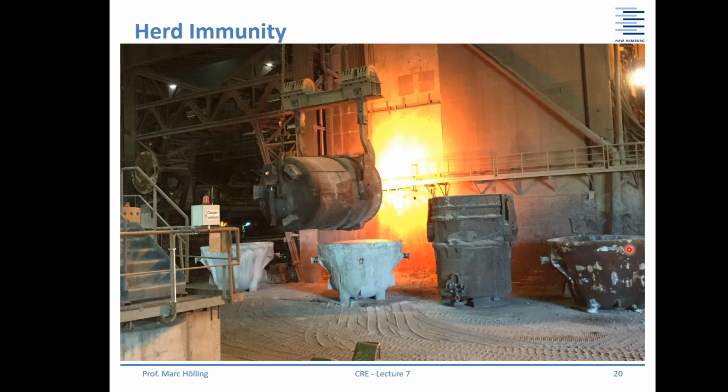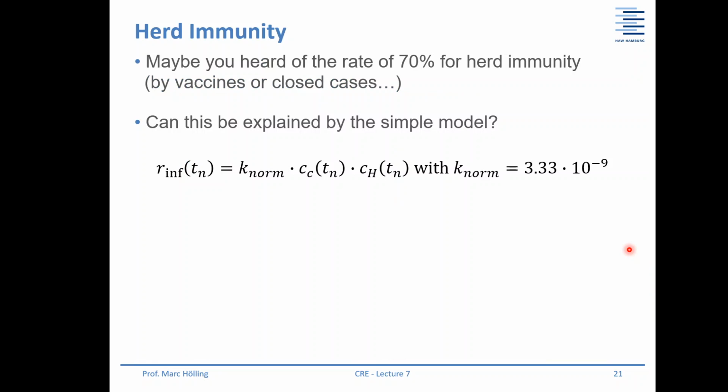Okay, then maybe some comments on herd immunity, also what I'm just trying to get from my simulation model. Maybe you heard about the rate of 70% of the people that we need for herd immunity. And this can be achieved by vaccines or by closed cases.